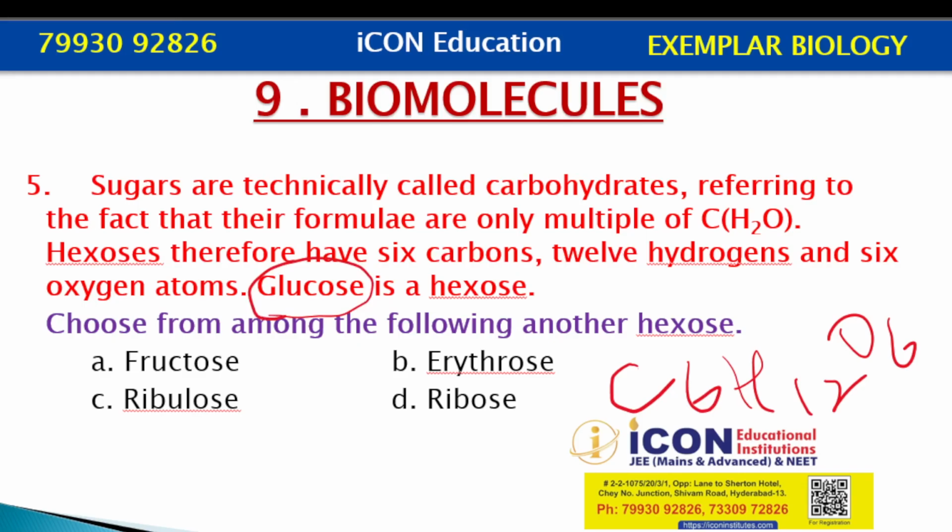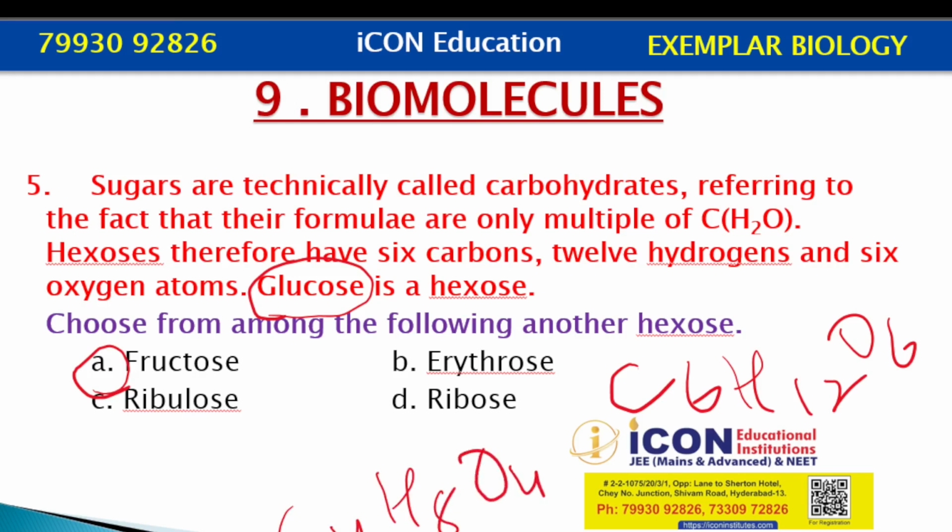Similarly, the isomer of glucose is fructose. Fructose molecular formula is also C6H12O6. So fructose is also a hexose sugar. Now look at the other options. Erythrose is C4H8O4.